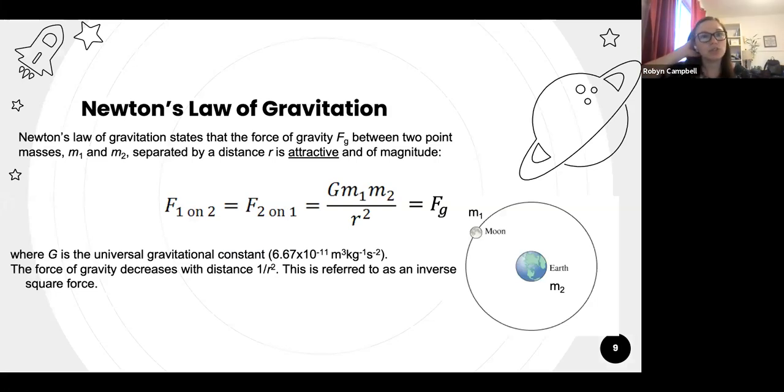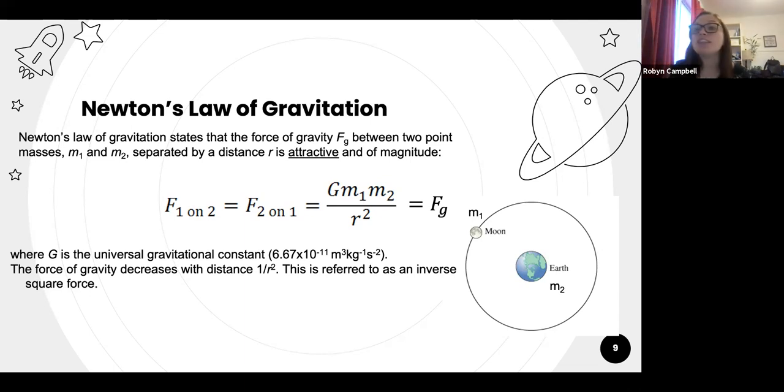All right, I quickly want to mention Newton's law of gravitation, a super famous, super important law. We know that Fg is equal to mass times the acceleration due to gravity, 9.8. Newton's law of gravitation is a more general statement about gravity and how it works. From the last module, I know that the force of gravity of 1 on 2 is equal to the force of gravity of 2 on 1, right?